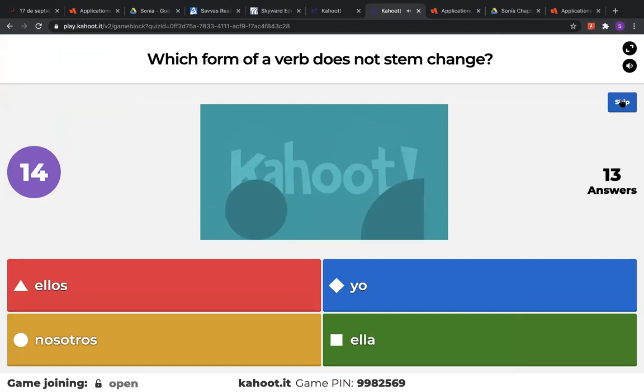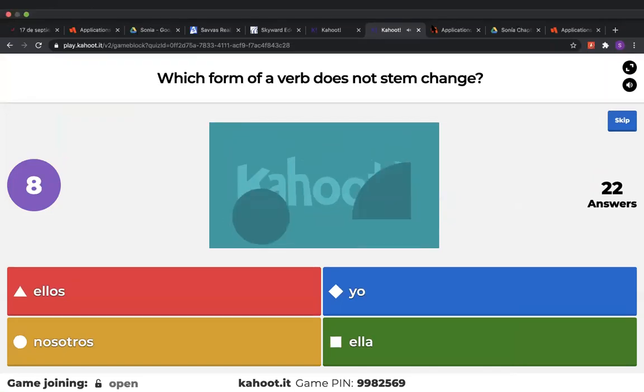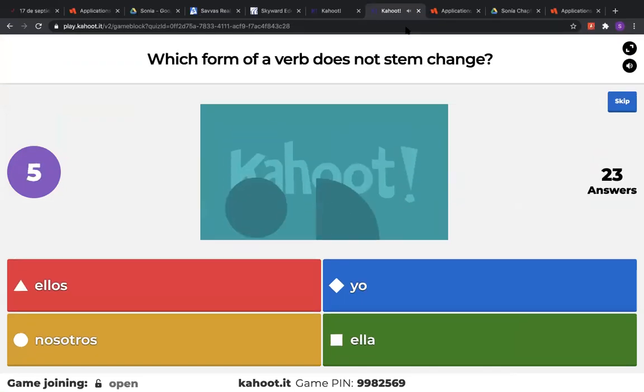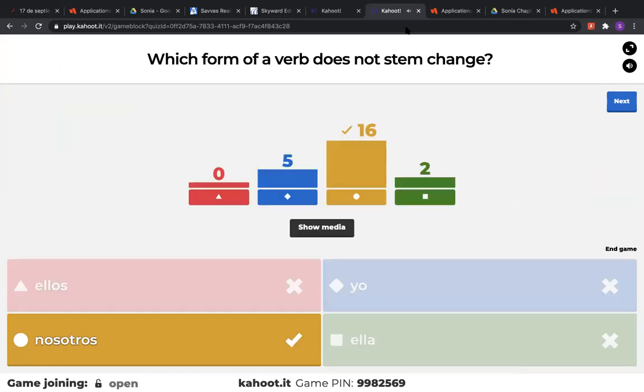Think of your boot or your shoe here. Good job. So nosotros is not in the boot or the shoe.